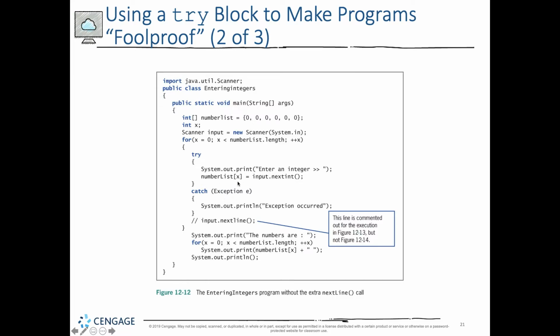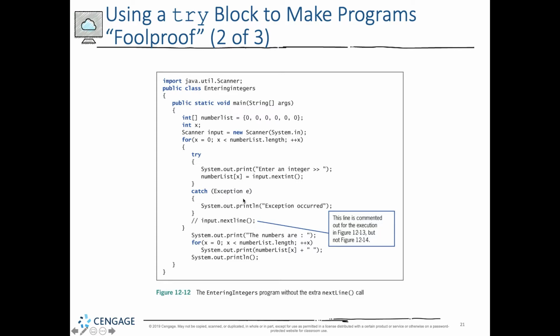It's going to throw an exception, but does anyone know exactly what type of exception it would throw if the value that you enter is too large? Try array index out of bounds, right? Or index out of bounds. So that's what they're doing here.